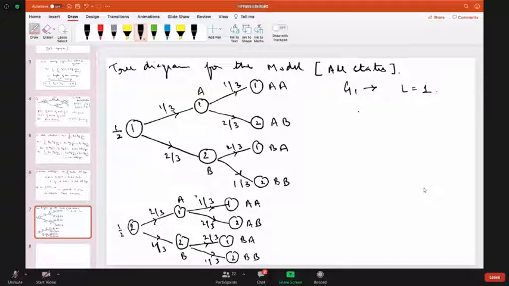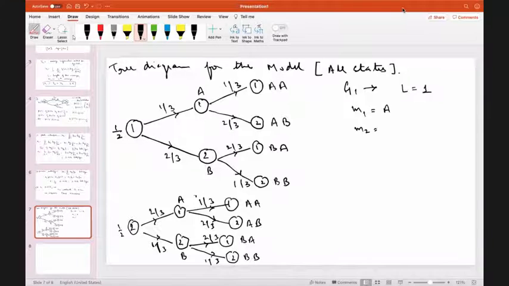Looking at the evaluation of G1, where 1 means that the length of the message will be 1, our M1 will become A and our M2 will become B.